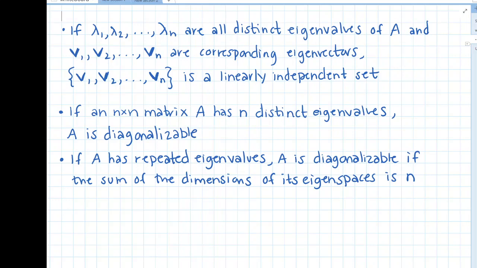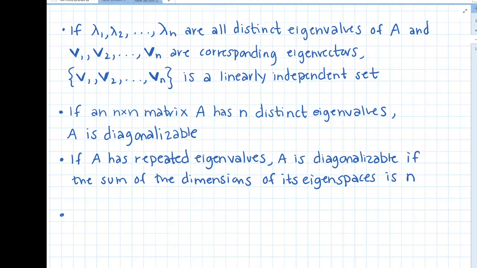And then the last thing, which if you think about it, we already kind of know, is that if you have a matrix and it has some eigenvalues, and it doesn't matter if they're repeated or not, if you take all of those eigenspaces and all of the bases for those eigenspaces and take all of those vectors together, you're going to have n linearly independent vectors in Rn.